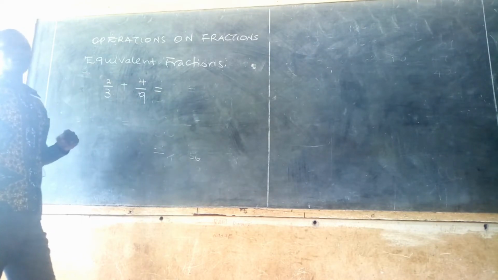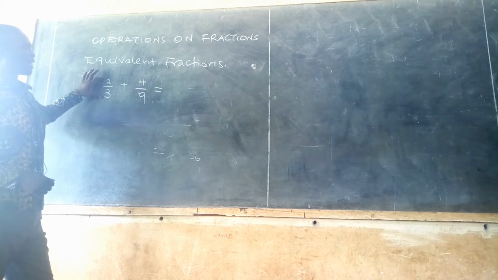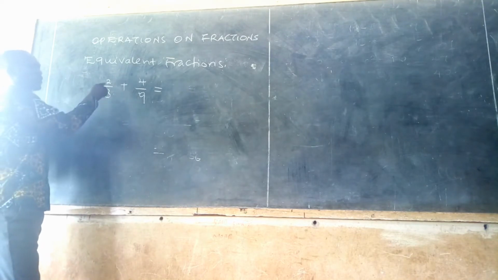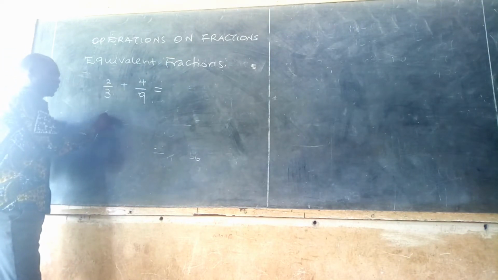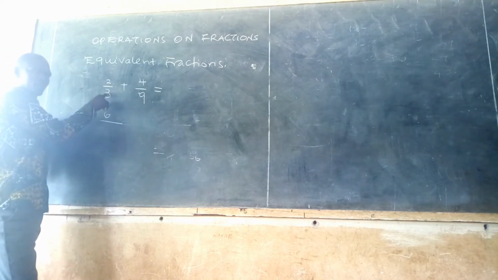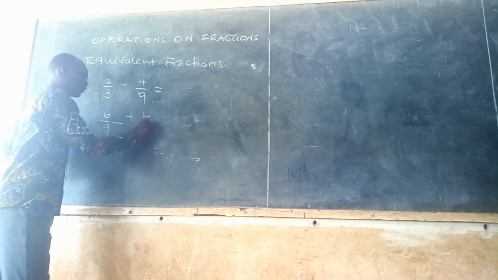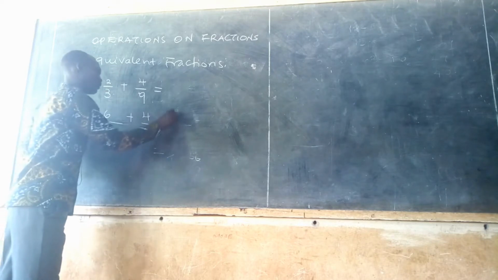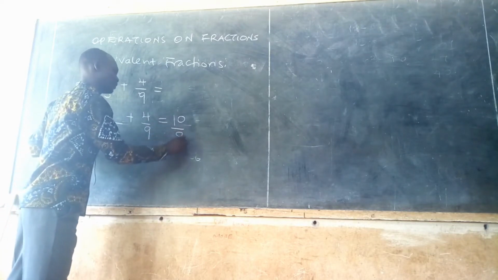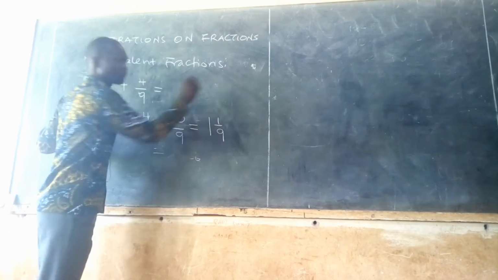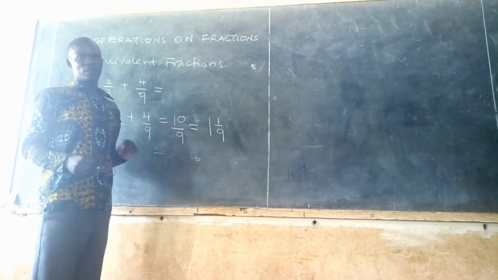So I will multiply everything in the first fraction by 3. In other words, I am allowed to write this one as 2 times 3 will be 6, 3 times 3 will be 9, plus 4 over 9, and that will give me 10 over 9, which equals to 1 and 1 over 9. Equivalent fraction method.